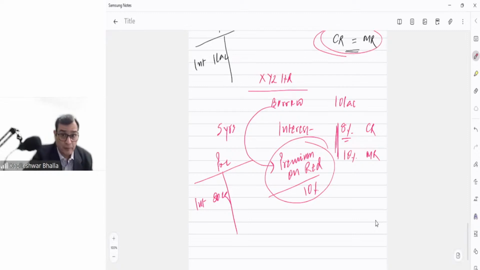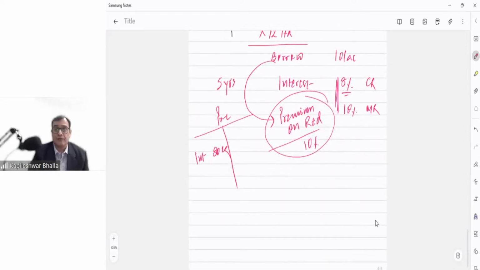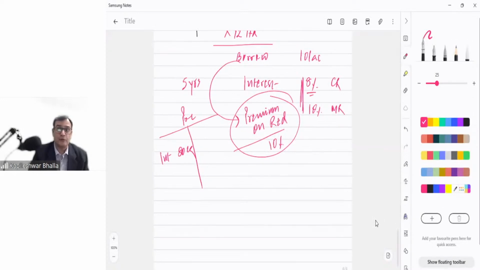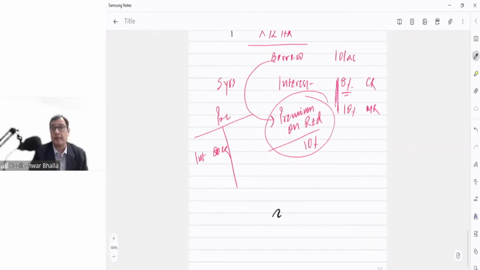And, if you remember, if you've done financial management and recall the concept, you would remember that when you calculate the cost of debt, we always say that the cost of debt is not just the interest.